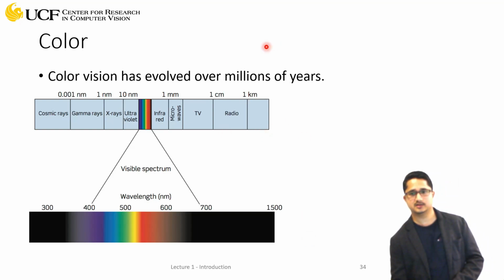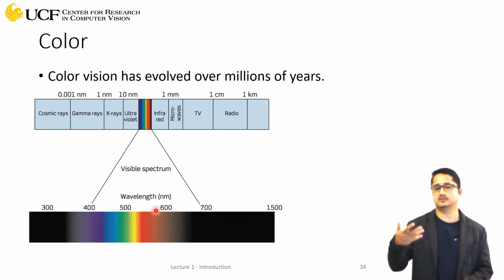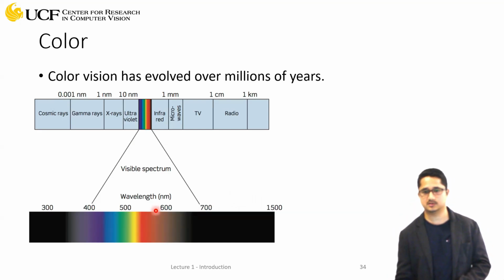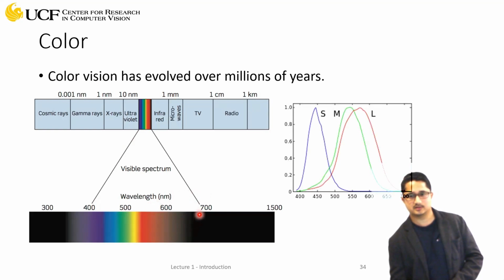If you look at the complete wavelength band of light, the range to which human vision responds is between 400 to 700 nanometers. This is the wavelength range where we see colors. All the way on the right, the 700 corresponds to red.